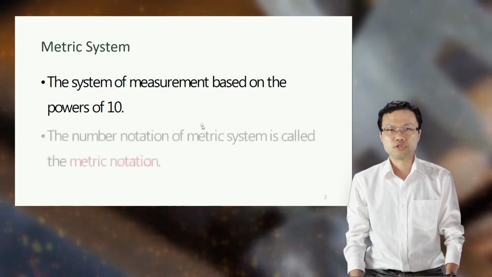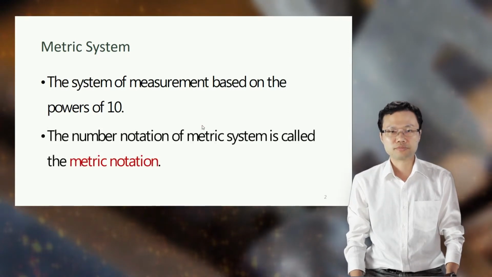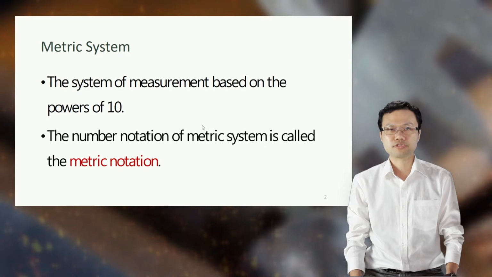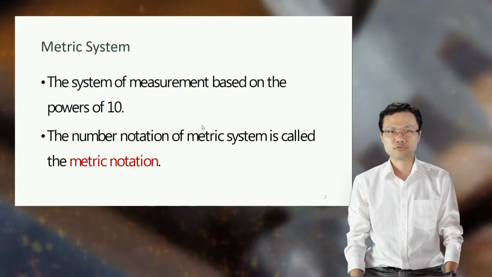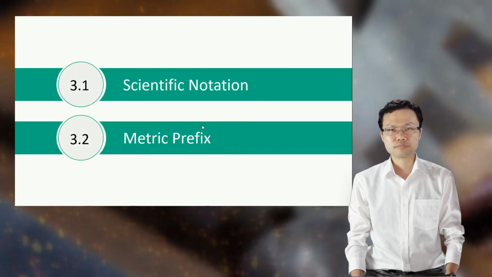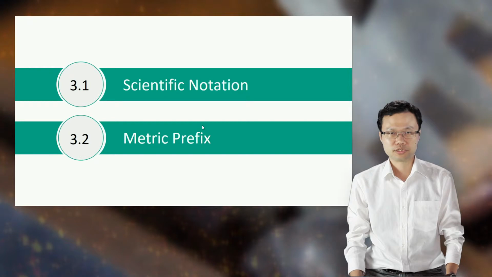The number notation of the metric system is called the metric notation. This is the content of session 3 in this video and the next video. Session 3 will cover two topics.